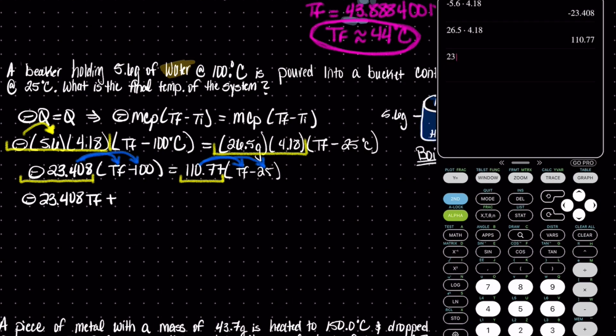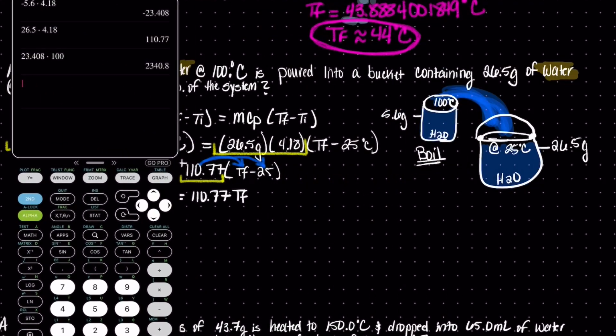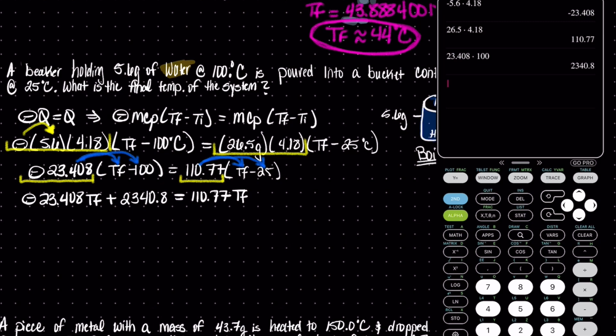So 23.408 times 100, and a positive here times that negative gets me a negative value. So you want to make sure you're remembering these things.